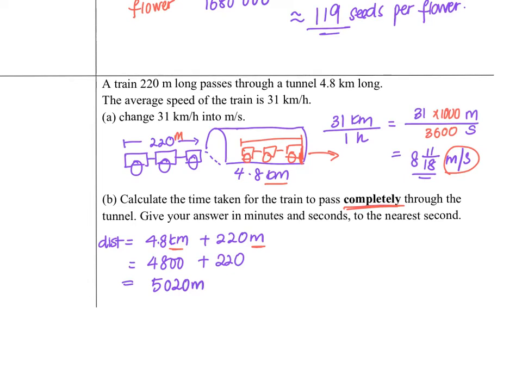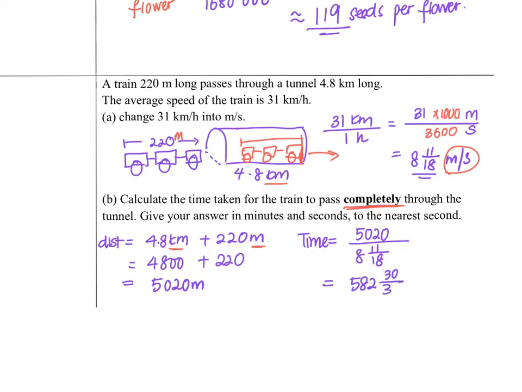Now they want us to find the time taken in minutes and seconds. How do we find the time? Distance divided by speed. Right, so I'm going to use the exact number.